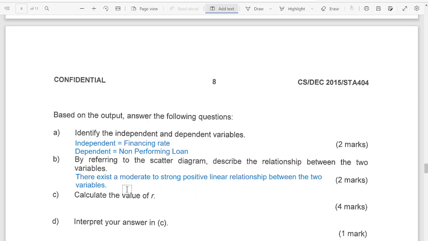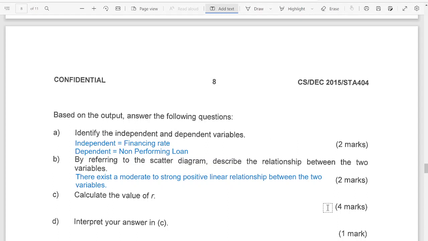But when you see the question, it says here calculate, and the marks is very high, 4 marks. So of course they require that you do it manually. Okay, you kena kira secara manual lah. So that means in this situation, you have to calculate the R value manually.